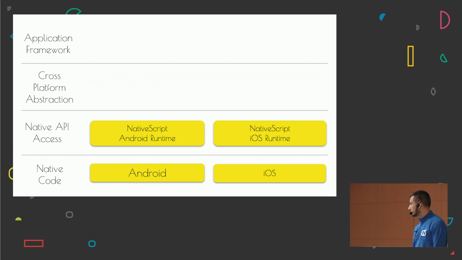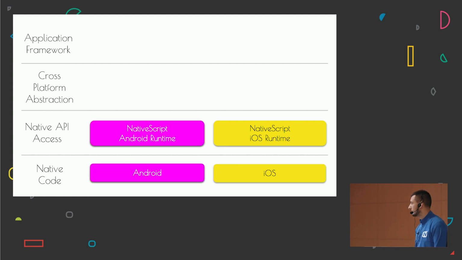Today we're not going to talk about the abstractions and the higher level APIs. We are going to focus a little bit on the runtimes, and more precisely on the Android runtime. We'll see how it works internally and how it's made.